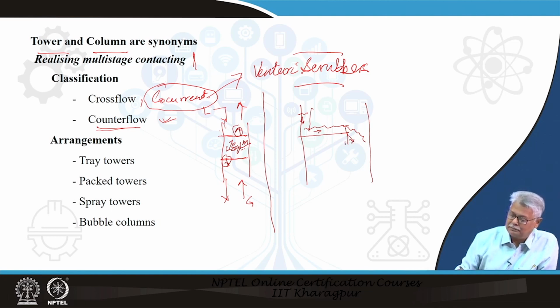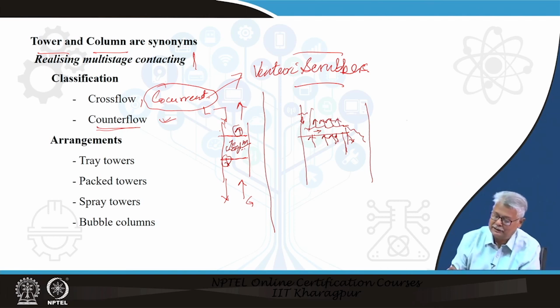The gas, or the vapor from the lower tray, penetrates through this liquid column and goes up. Now, if you look at this type of contacting, here is the liquid flow and here is your gas flow.